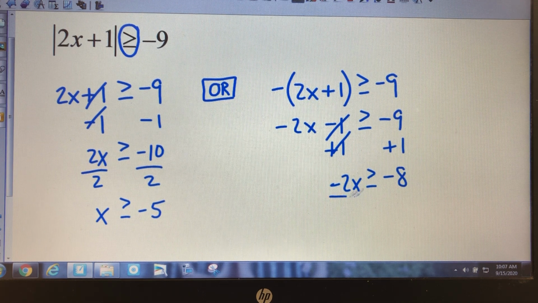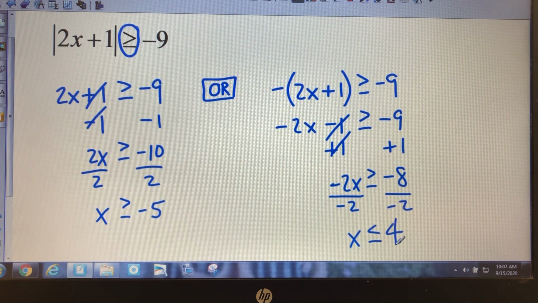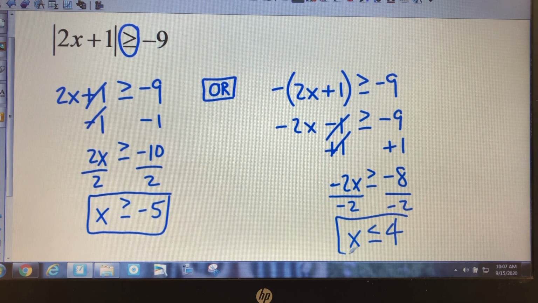Okay, now here again, we're going to divide by a negative 2. So you have to reverse that inequality sign. All right, so this one gets a little tricky because of the keyword or. So we need a number that is greater than or equal to negative 5 or less than or equal to 4.